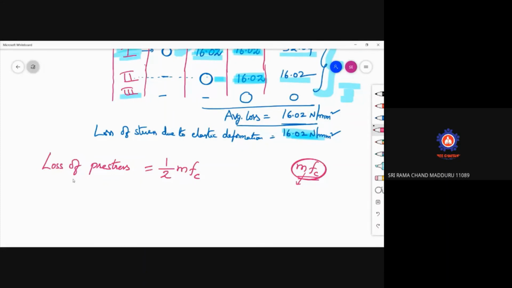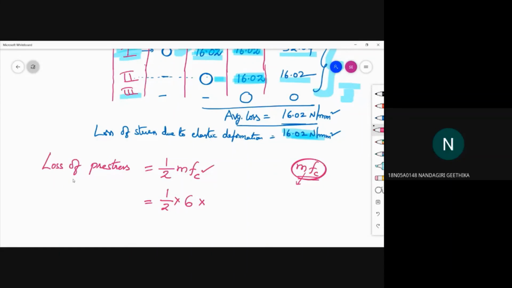That means calculating in each tendon the stress in concrete at the level of steel, then multiplying by the modular ratio, so m into fc. With this we calculated the loss of pre-stress. So I can do half into m, which is 6, given in the question, multiplied with fc. fc is nothing but the stress in concrete at the level of steel. What is the value?